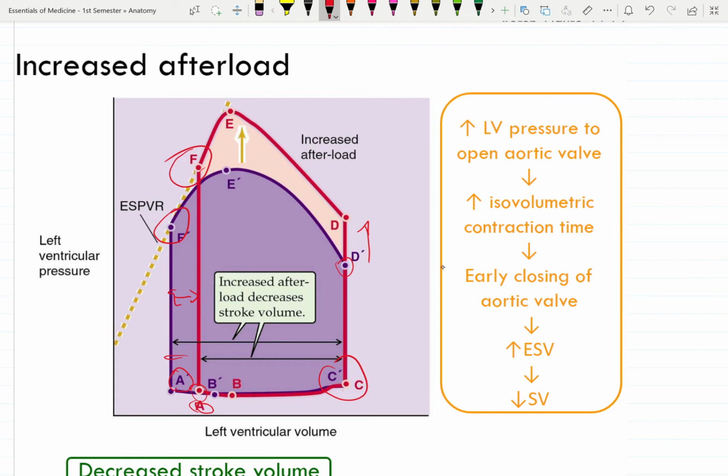Again, if we look at the simple formula that says that stroke volume equals the difference between end diastolic volume and end systolic volume, if you increase this, you're going to minimize the change, meaning you're going to make this decrease. Okay, so to recap, increased afterload will produce an increase in end systolic volume, which can be seen as a decrease in stroke volume.